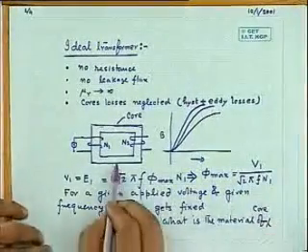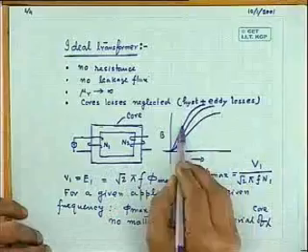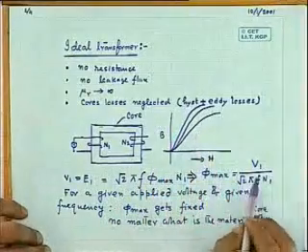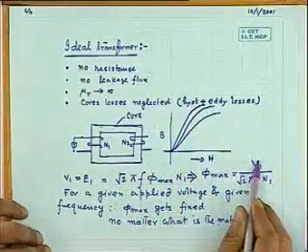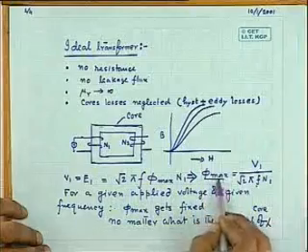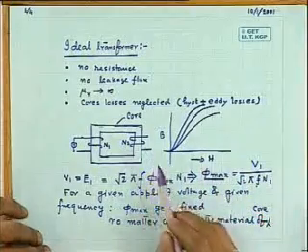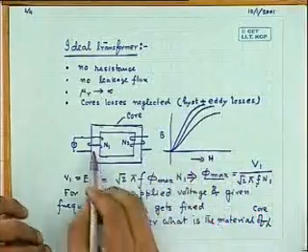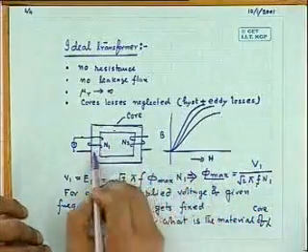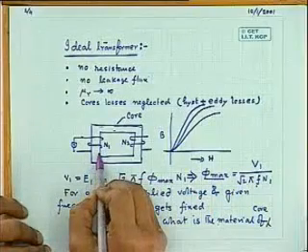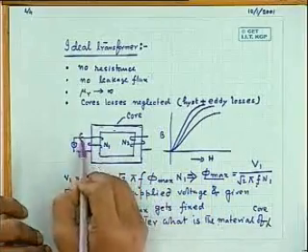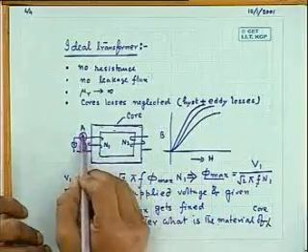Now these are the different BH characteristics of different materials. The moment you apply a fixed voltage V1 at a fixed frequency f, the phi max value will be known for a given number of turns. If phi max is known, I know the cross sectional area, so I can calculate B max, and I want to know how much current it will draw from the supply.